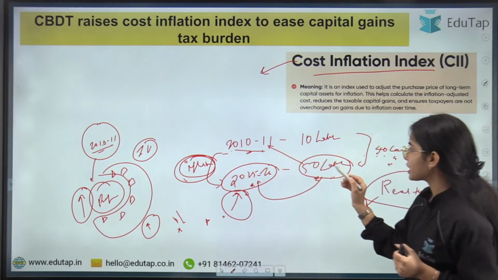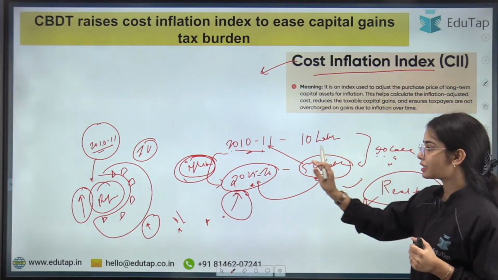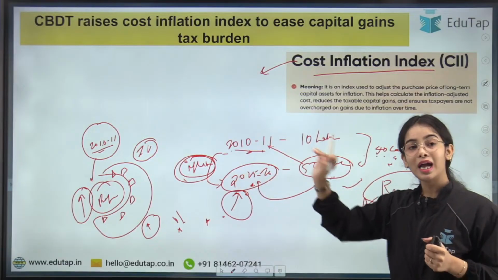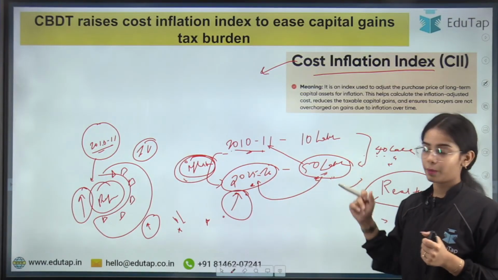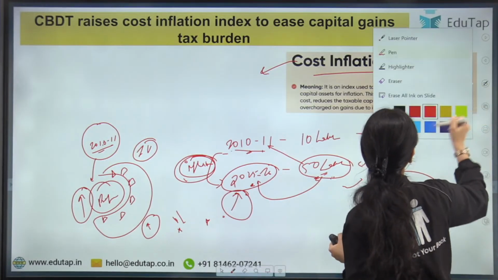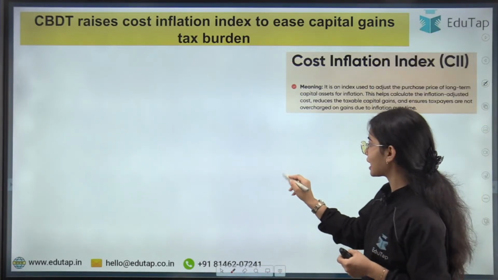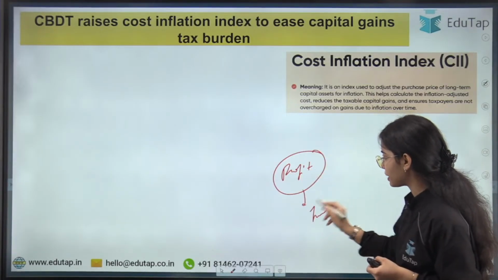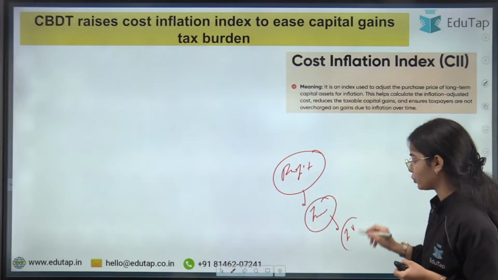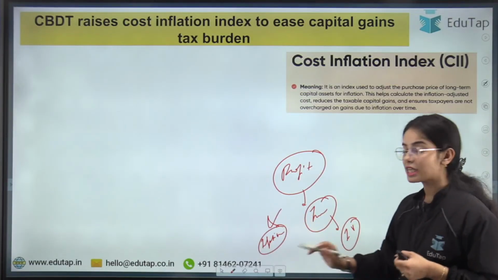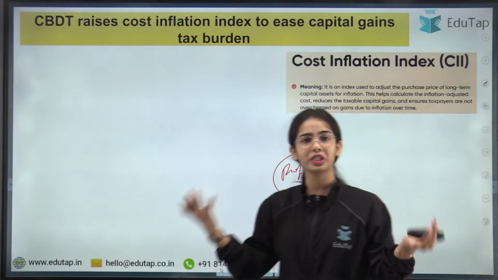So now if the property is selling for 50 lakh, you can understand that it includes the inflated value as well as the inherent value of the property. So we have to see how much profit the person has gained on the actual investment, on the actual inherent value, excluding the inflation, because inflation has increased the value of everything.